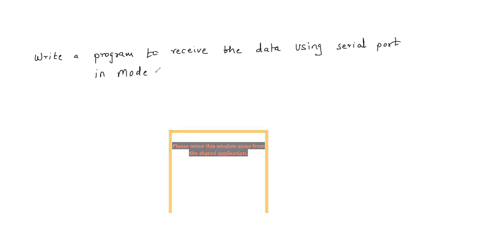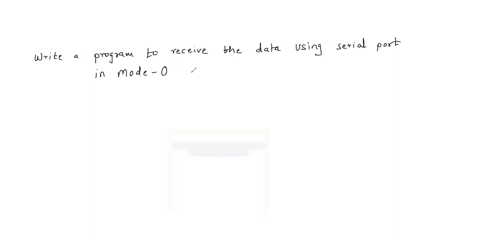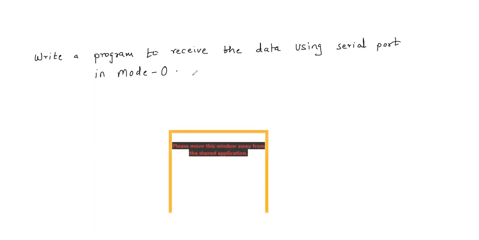Mode 0, as the name indicates, you should understand that whenever I say mode 0, it means an 8-bit data transmission with a fixed baud rate. And for sending and receiving, we are using port 1.